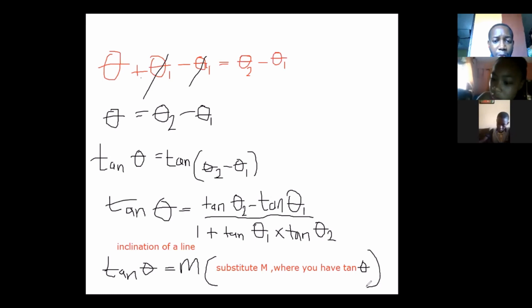So replace wherever you have tan theta with m. If you do that, we will have the formula for the angle between lines, which will look like this.